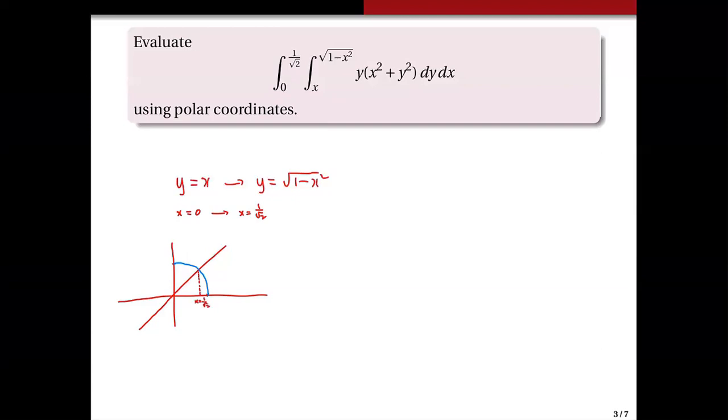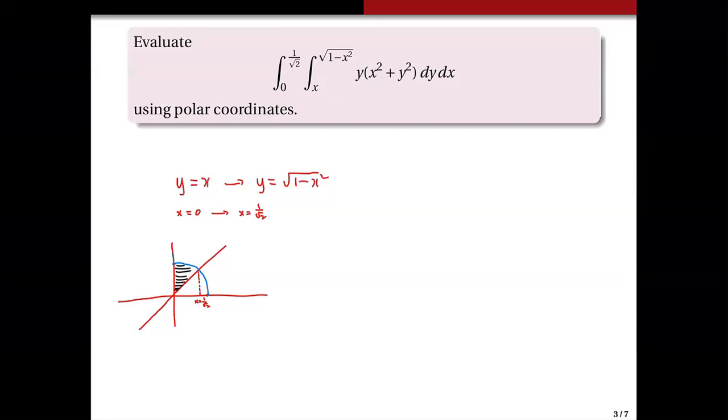So the value of x will run from this point to this point. But since your y is from this line towards this line here, then your region will be this part here. Okay?